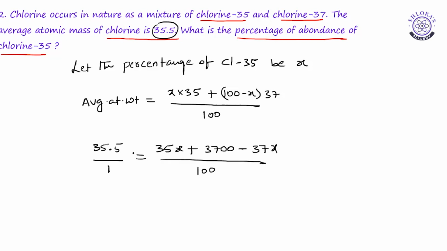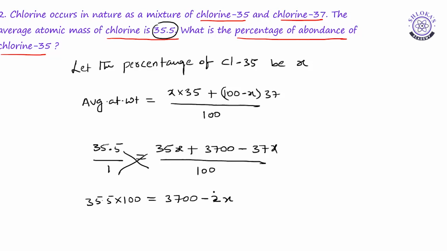Do the cross multiplication. Then what do you get? Here 35.5 into 100 is equal to 3700 minus 2x. Why 2x? 37 and 35, minus 2 you will get.